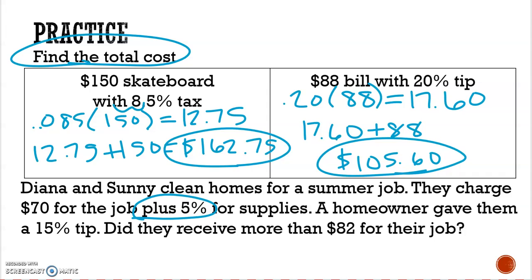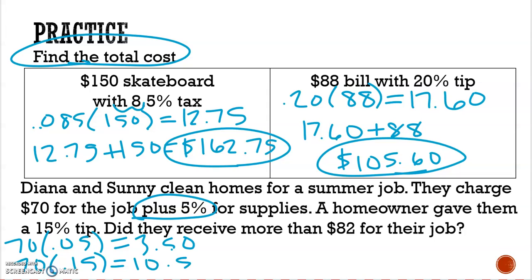But this plus 5%, so we're going to first figure out what 5% of 70 is by doing 0.05 times 70, and that is $3.50. And then we're going to do 70 times 0.15 for the tip amount, and that is $10.50.